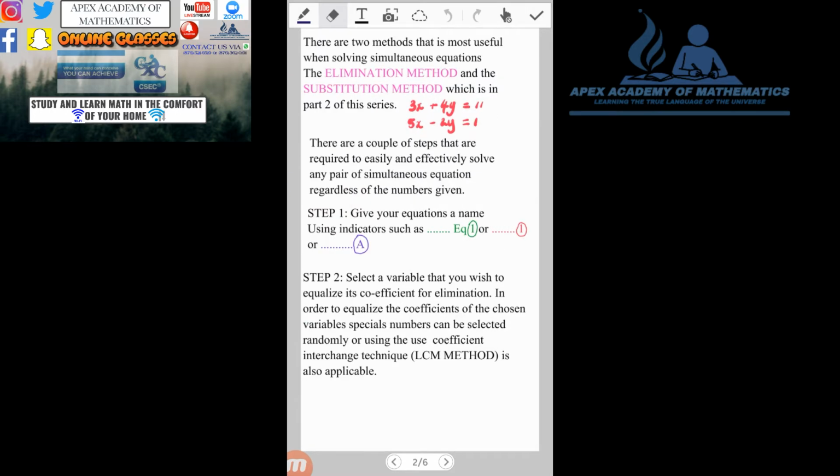All right, now there are two methods that are most useful when solving a pair of simultaneous equations. The method that we're going to be going through in this video, part 1, is the elimination method, but there's also a subsequent method called the substitution method. We are going to be going through that later on, in part 2 of this series.